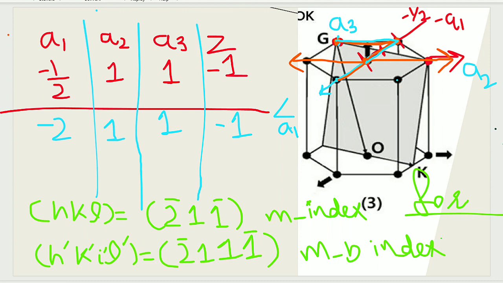Writing them in the order of H prime, K prime, I prime and L prime, you can convert Miller indices into Miller-Bravais indices very easily. And if you are given Miller-Bravais indices, you can write them in Miller indices notation for planes by simply removing the I term and writing H, K and L only.